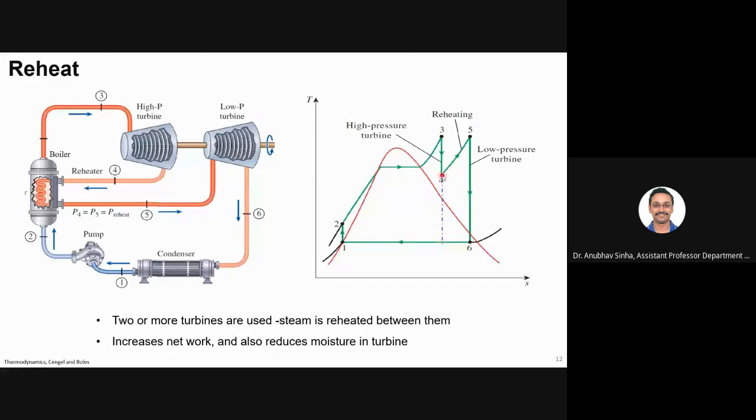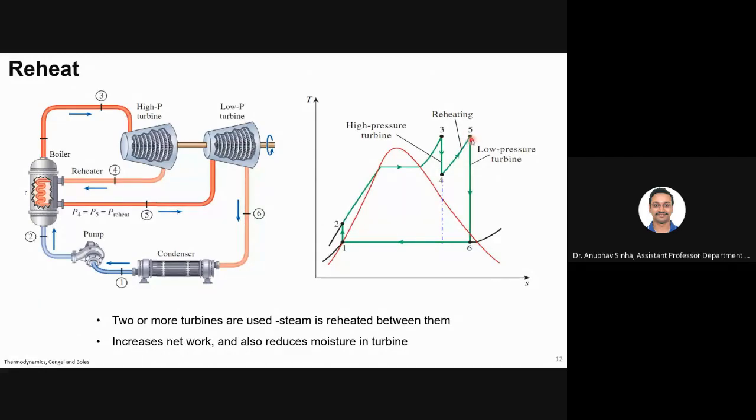Now you are doing reheat. Reheat means you are changing the state from 4 to 5. From 4 to 5, you are increasing the energy content inside the fluid. You're increasing temperature and entropy both. So from 4 to 5, this is the reheat process. We are reheating it again to reach the same temperature level.